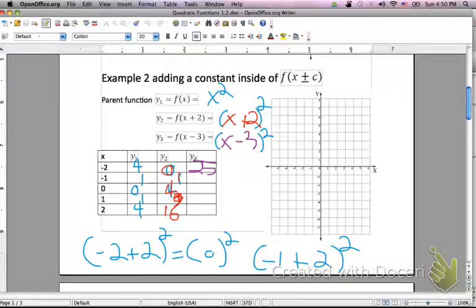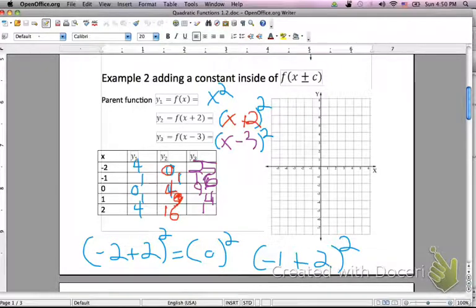Negative 4 squared is 16. Oops. Okay, 0, I get negative 3, 9. And 1 minus a negative 3 is a negative 2, which is 4. And 2 minus a negative 3 is negative 1, which gives me 1.